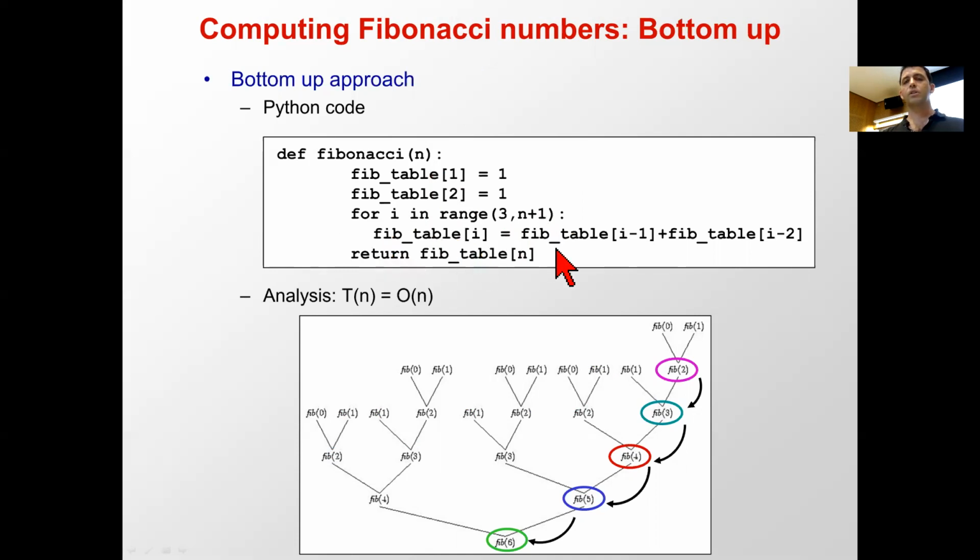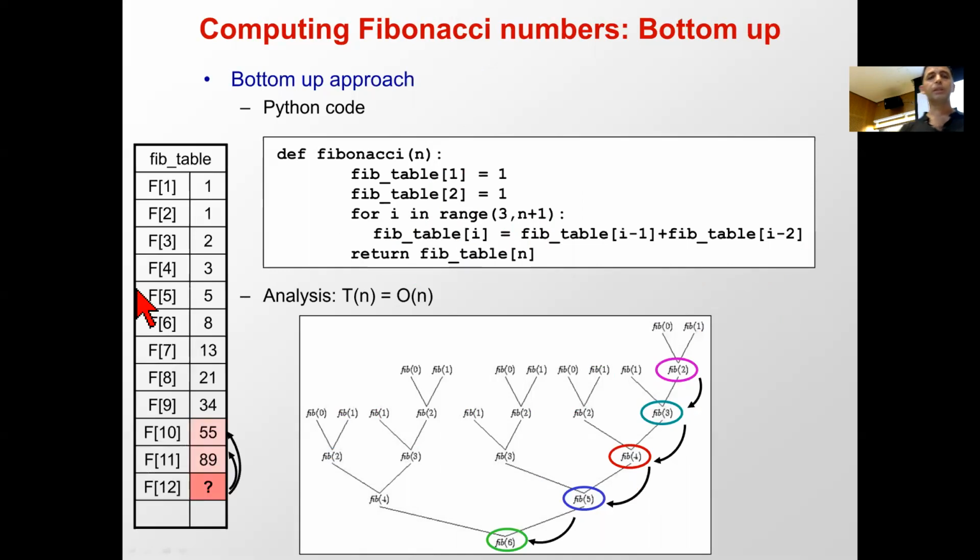I'm going to fill out the table by simply summing up the last 2 numbers. Notice that right now, I'm just computing 0, 1, and then 2, 3, 4, 5, 6, exactly once each. I'm basically building a table and then using that table, because all of the smaller subproblems have already been computed as soon as I need a bigger problem.